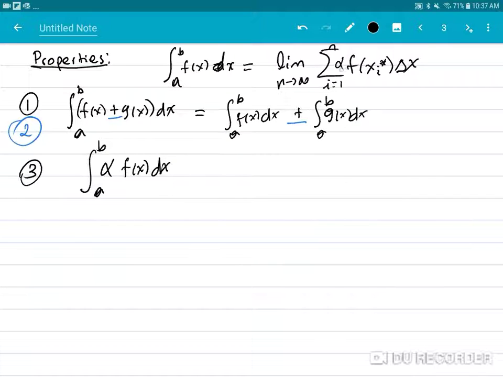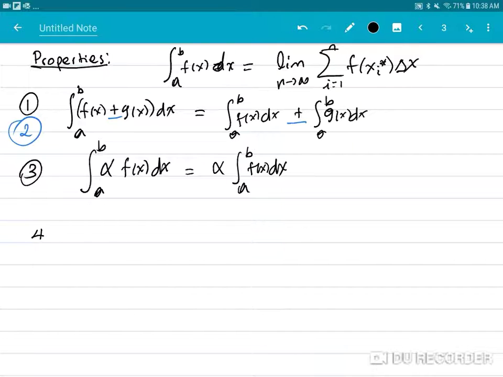Since the constant, you can pull it out of the summation sign and the limit sign. That's the property of a constant multiple of a sum. This also, you can pull it out of the integral sign and integrate the function first and multiply by the constant. Okay, that's another property.